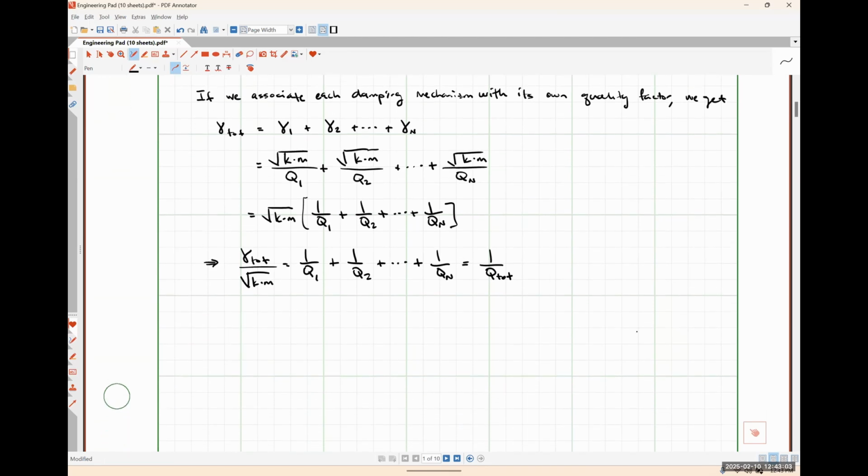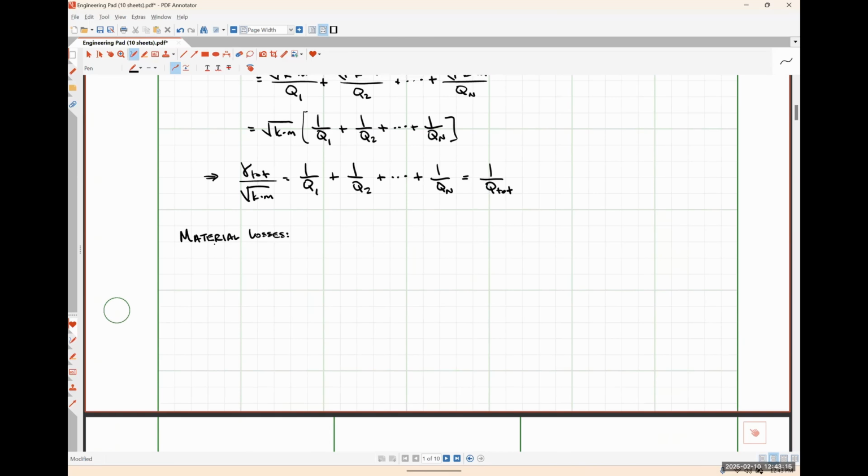And so now I want to talk our way through some of the various different loss mechanisms that we are going to see. The first one that I want to talk about is material losses. Material losses are due to movement at the atomic level that results in heat generation.